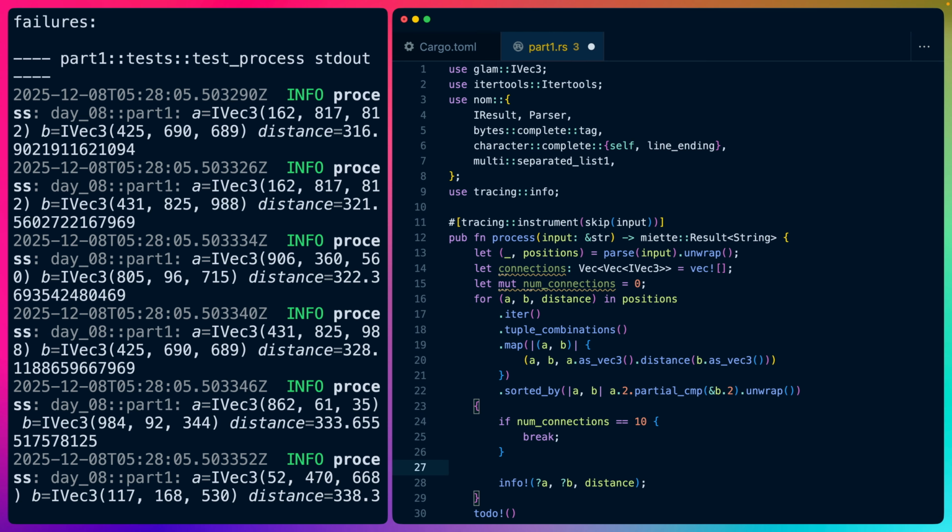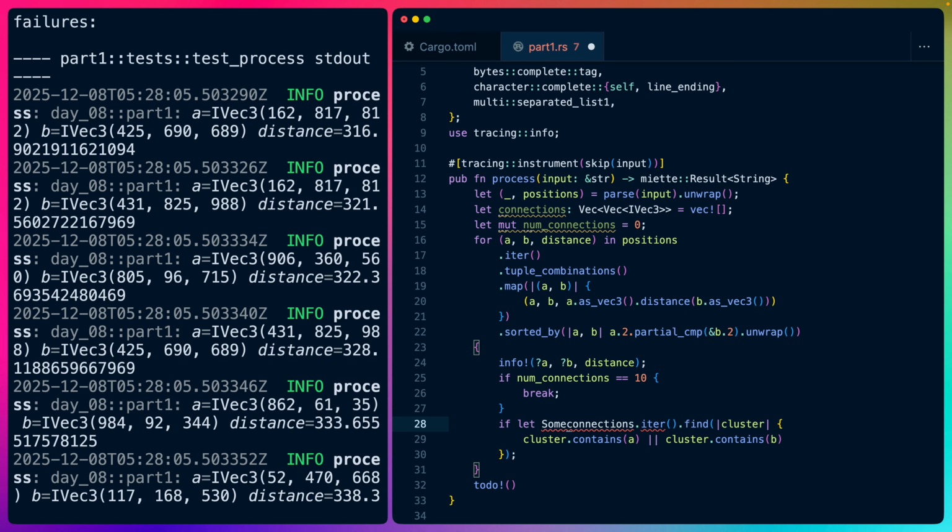So if connections is 10, break, otherwise have our stuff, and then connections.iter().find(). I guess that's A or B, right? If either of these are in a cluster, right? Cluster contains A or cluster contains B. I guess we could iter_mut this if we really wanted to.